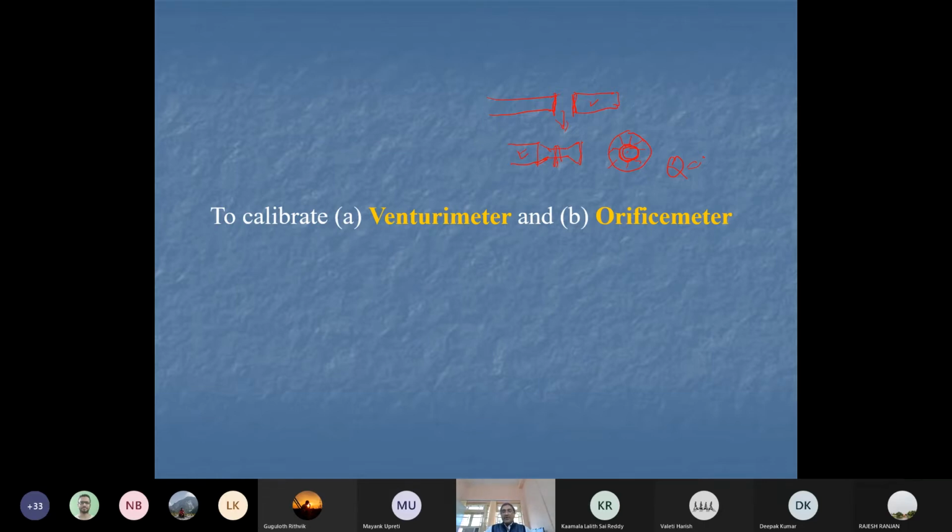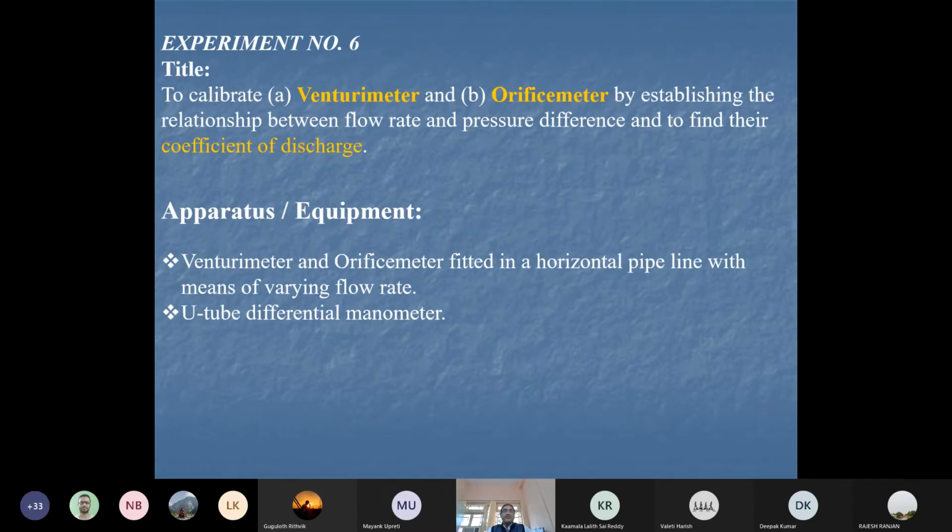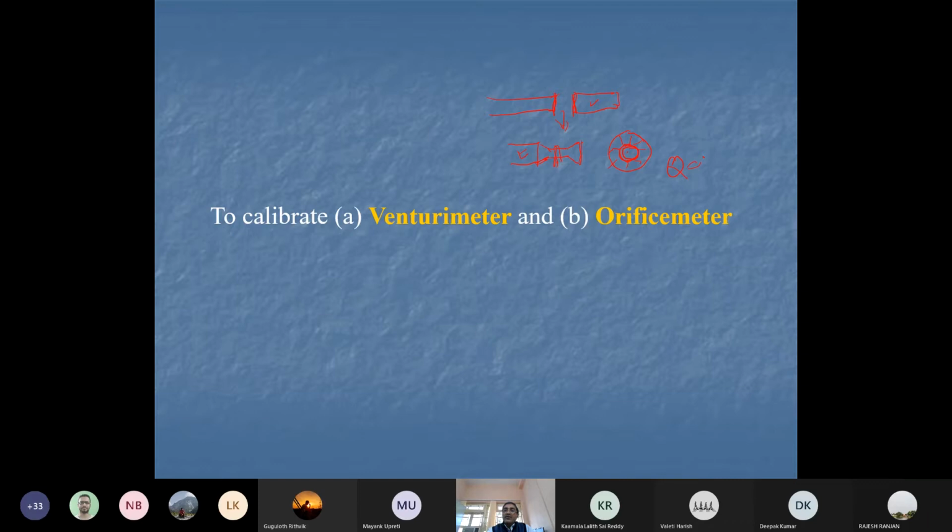Here we have an experiment to calibrate the Venturimeter and Orificemeter by establishing the relationship between flow rate and pressure difference. So discharge versus head. Once there is a throat or reduced opening, it changes the head with respect to the head in the pipe system. If we compare the head between these two, here head is reduced, here head is more.